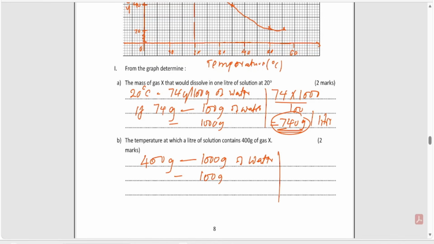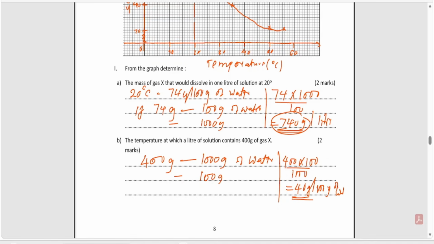I'm going to take 400 multiplied by 100 divided by 1,000, and here I shall get 40 grams per 100 grams of water.